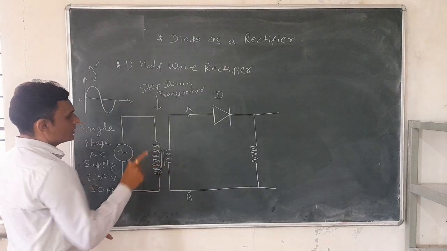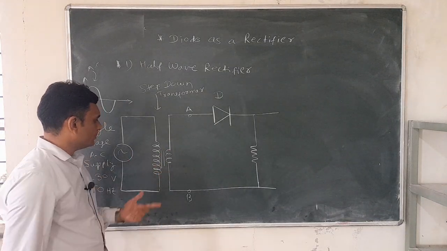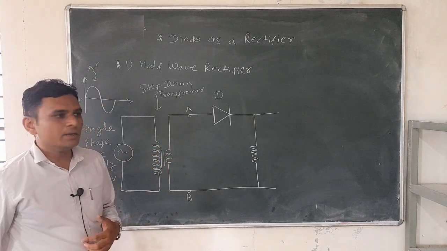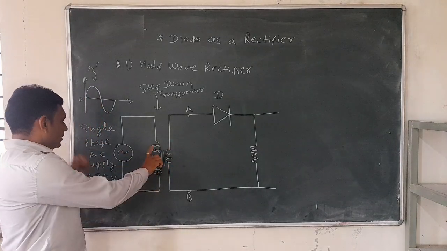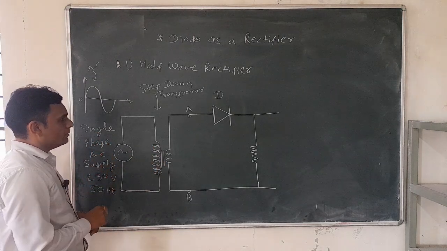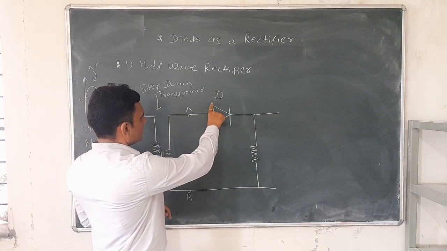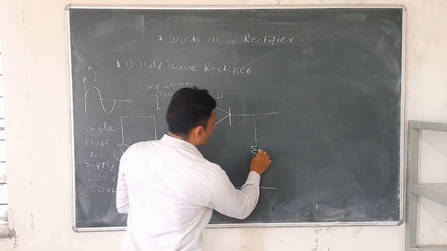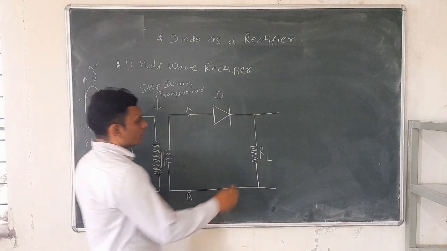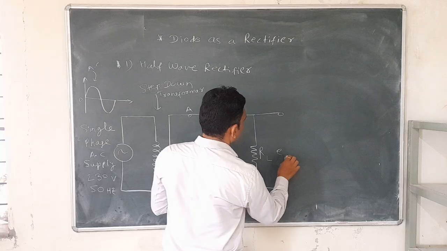This is step down transformer, and transformer consists of two windings, primary winding and secondary winding. To this primary winding, this single phase AC supply is given. Then to secondary, this diode and the load resistance RL is connected. Across this load we get output signal.